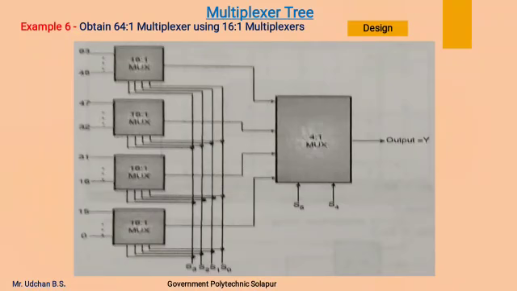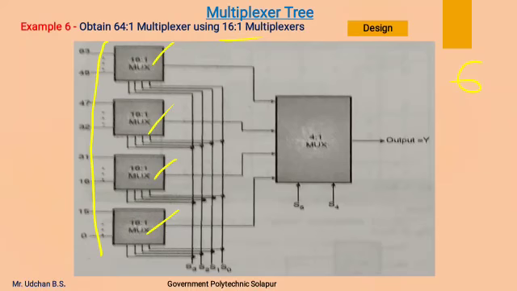Again, the next example in which we have to obtain a 64:1 multiplexer using 16:1 multiplexers. So to have 64 input lines, we have to use 4 16:1 multiplexers, and the 64:1 multiplexer will have 6 select lines.